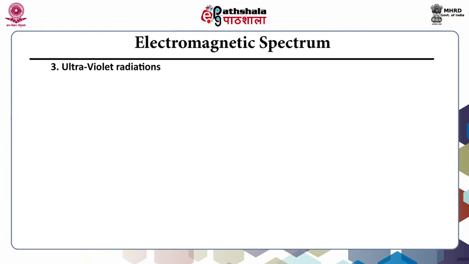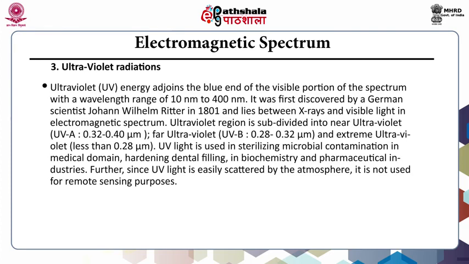Third is ultraviolet radiation. Ultraviolet energy adjoins the blue end of the visible portion of the spectrum with a wavelength range of 10 nanometer to 400 nanometer. It was first discovered by a German scientist, Johann Wilhelm Ritter, in 1801 and lies between X-rays and visible light in the electromagnetic spectrum.